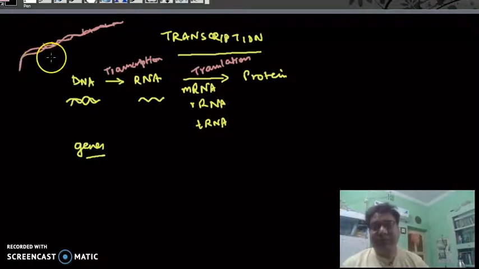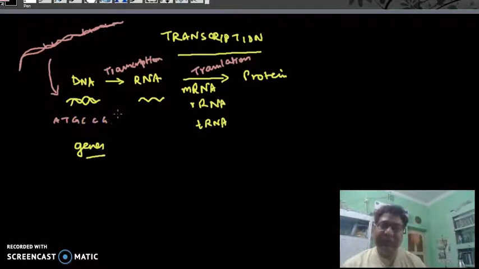So suppose this is a very small part of the DNA, of the gene in fact, and the sequence of this DNA is A, T, G, C, C, G, arbitrarily taken, 5 prime to 3 prime, a part of it. And the opposite strand will automatically be T, A, C, G, G, C, 5 prime.